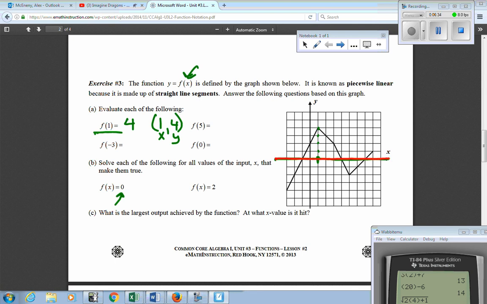One example would be the point (-1, 0). So if x is -1, then we'd have the point (-1, 0), which would be on that graph. So here's one point where we'd get 0 out for an answer. You can see there are 2 other points. You can count those and add those to the answer as well. And then kind of the same thing for the second one here.